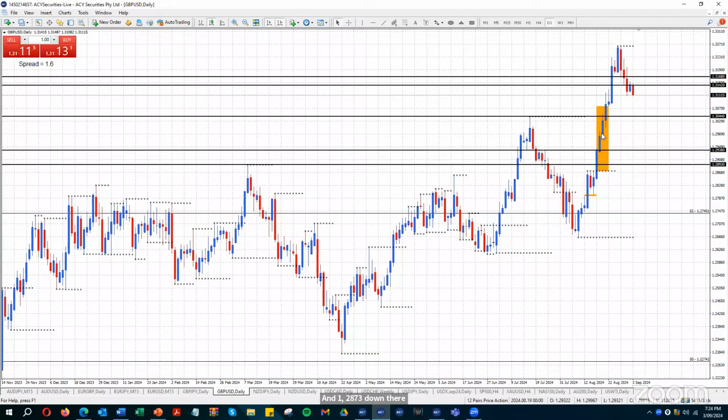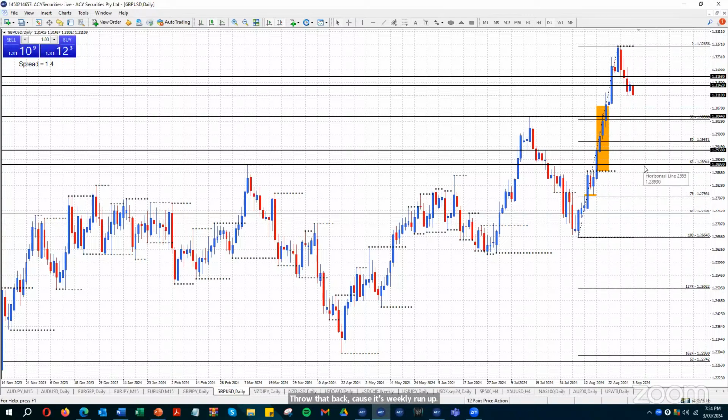So don't be surprised if we don't claw that back, because this weekly run up has a 62 level at 128.94, which is in this zone, and that very little imbalance there is at the 79% level. So don't be surprised to see a pullback all the way back down the range, and then the support hold.